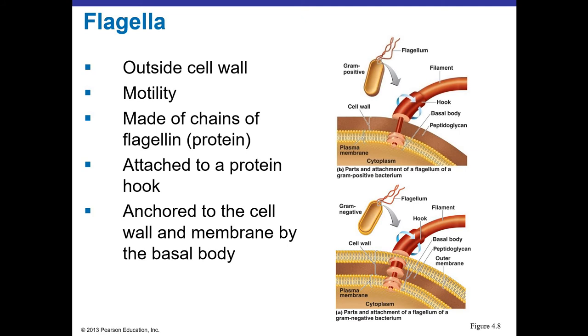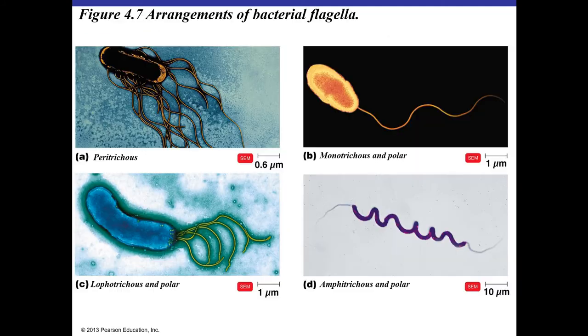We'll talk about the difference between the cell wall structure for gram-positives and negatives in a moment, but suffice it to say here that gram-negatives have 4 basal bodies that help to anchor them through two membranes and their peptidoglycan cell wall.